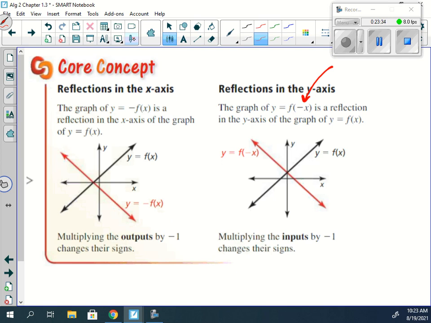So on the x-axis, if we think about it, if it was on the right side, it's now on the left of the number we're plugging in. And if it was on the left, it's now on the right. We flipped it across the y-axis. Where here, whenever we're done, the y value, because f of x is y, that should come out. The negative is now taking it from it was positive to now being negative, or if it was negative, it's now positive. So it's affecting the output. And that's really what I meant yesterday when I said it's affecting the input or the output. Can you all see that there? Okay.